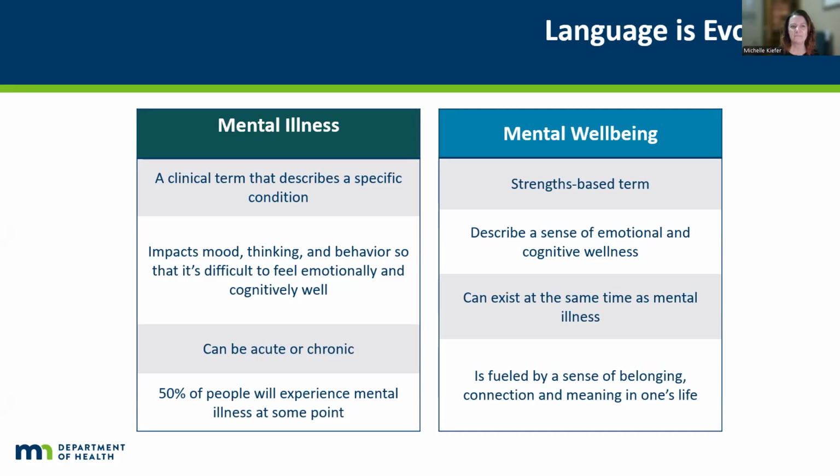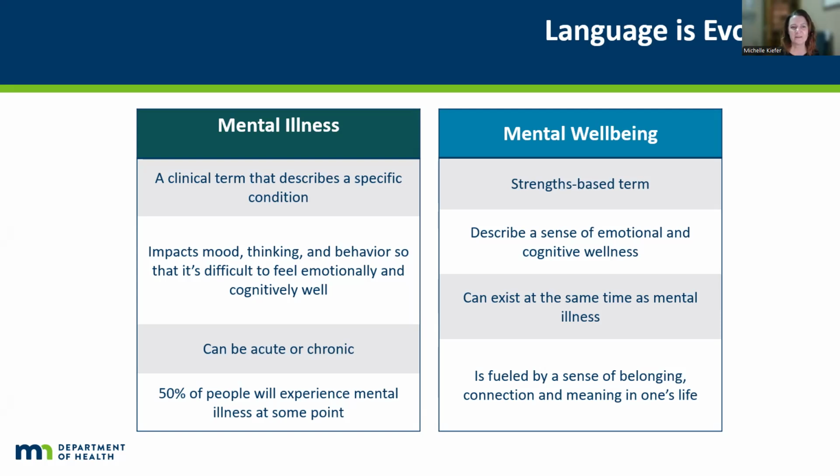Mental illness impacts mood, thinking, and behavior so that it's difficult to feel emotionally and cognitively well. So for my mental illness, my depression, without my medication, without my therapist, and without the coping skills that I've learned, my mood, thinking, and behavior would be very difficult for everybody around me, including myself.